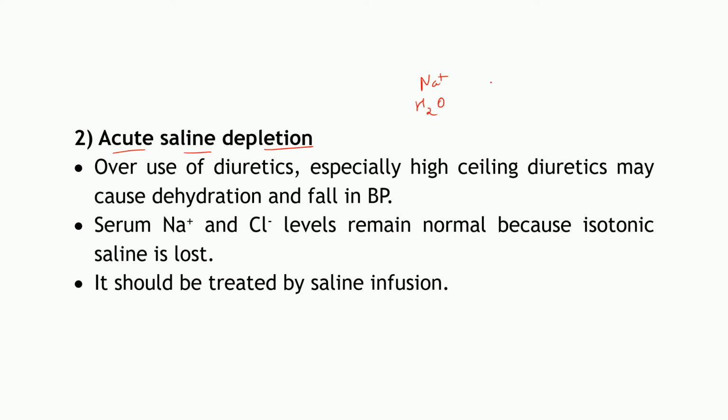So sodium, and along with it the chloride ions are also lost, right? So why is it called acute saline depletion? That's because along with sodium and chloride, water is also getting excreted out, right? So as such, the depletion of not only the ions but water is also taking place. So that is the reason why the saline is getting lost, as you can see.